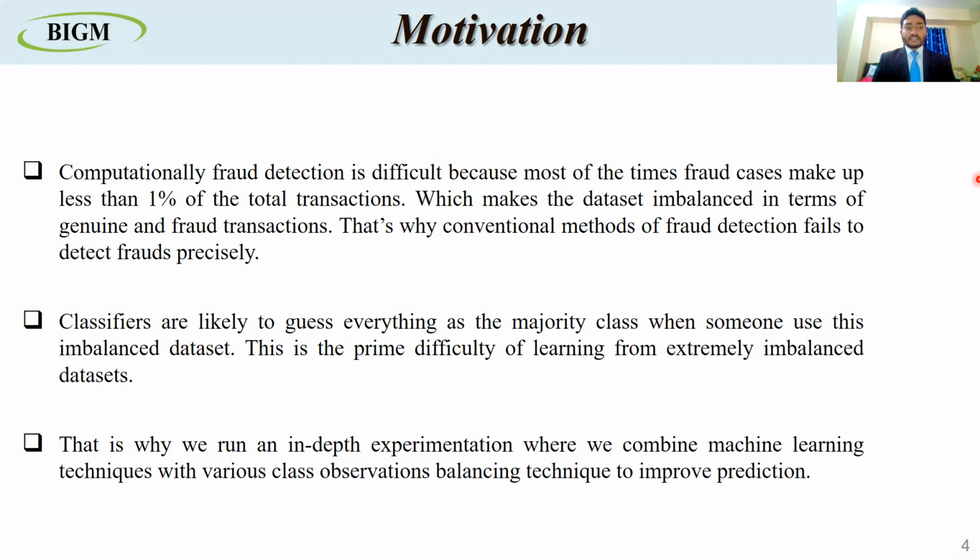Another point is that classifiers are likely to guess everything as the majority class when someone uses this imbalanced dataset. This is the prime difficulty of learning from extremely imbalanced datasets. That's why we run an in-depth experimentation where we combine machine learning classifiers with various class observations balancing techniques to improve our final prediction.